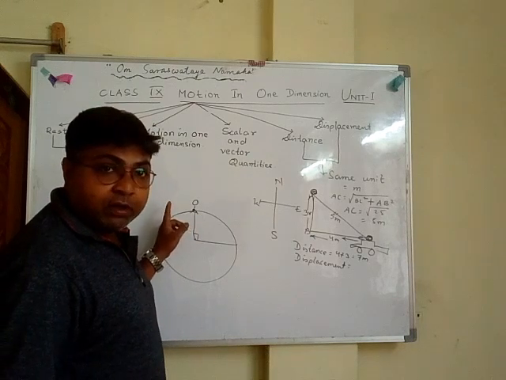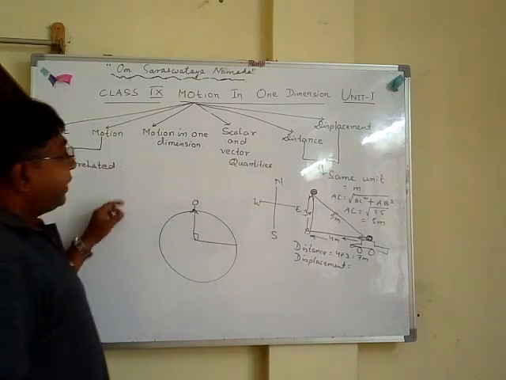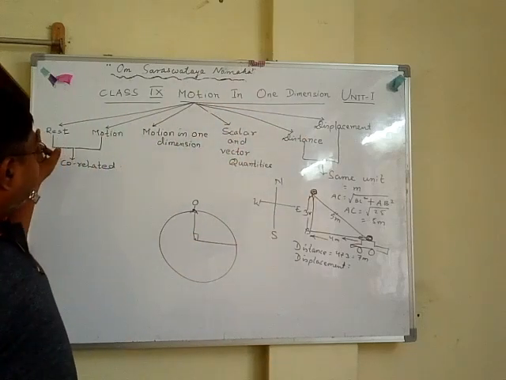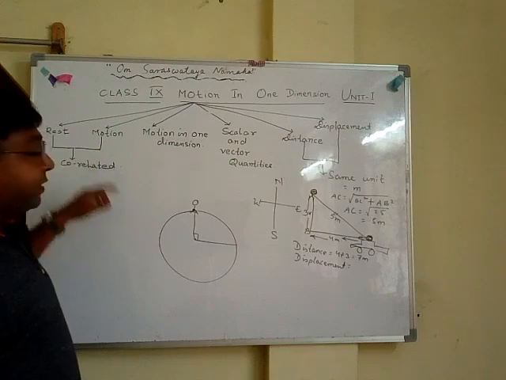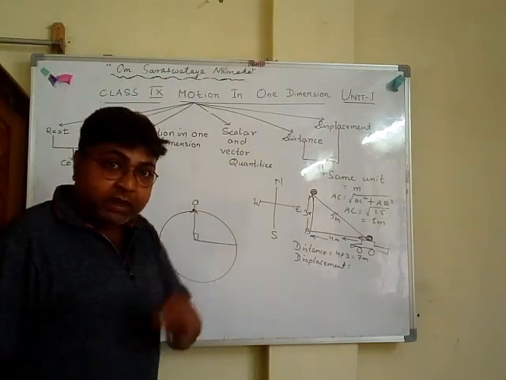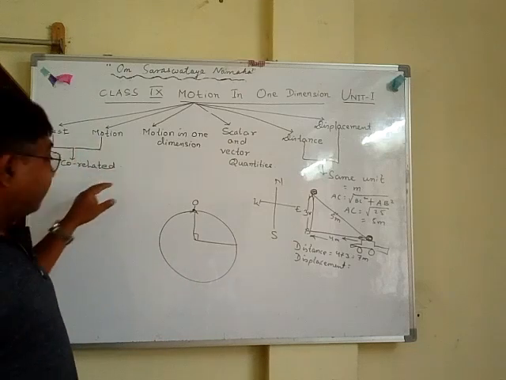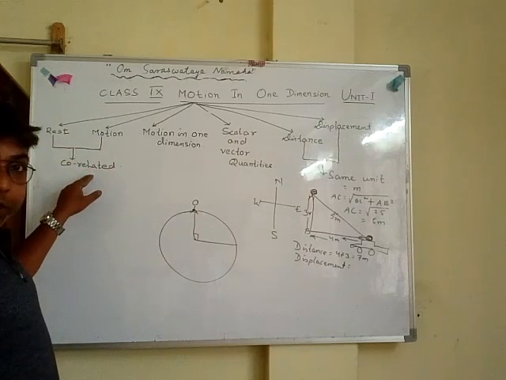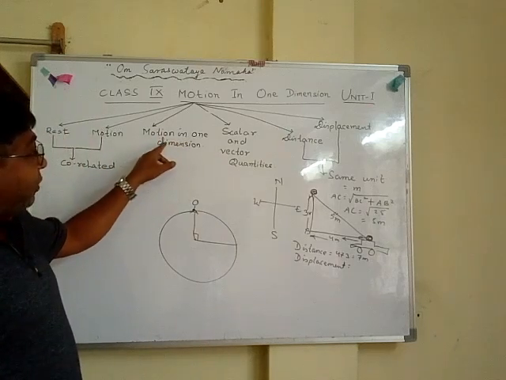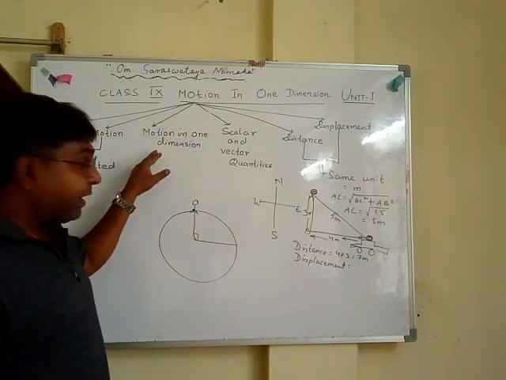So today I have explained to you the meaning of this unit, motion in one dimension. I have explained some technical terms related to previous classes which you need to know in this class also, that is about rest and motion. I told you that they are correlated to each other, and how they are correlated, that also I explained. Then I told you about the meaning of the term motion in one dimension.